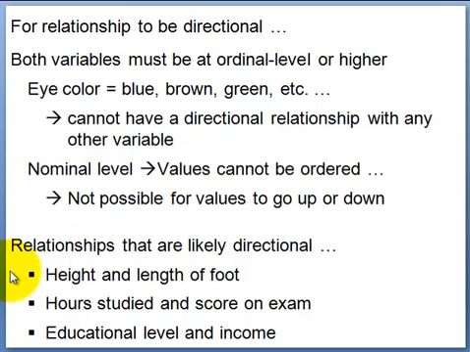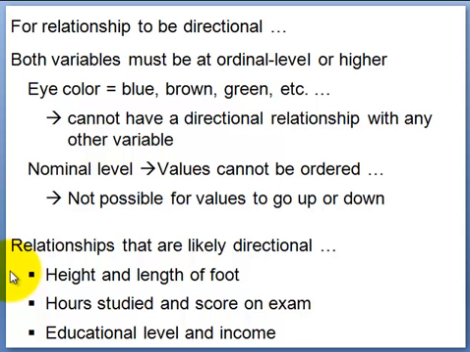Now, I think you have a good intuitive sense of directional relationship. So for instance, here are some variables that I suspect have a predominantly directional relationship. A person's height and the length of their foot. This is going to be a positive relationship because taller people tend to have longer feet.